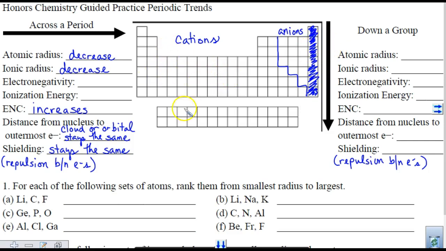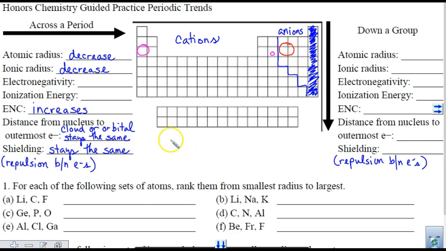So what happens is that the size of your cations starts large, and then by the time you end up over here, it's smaller. But then, right here you hit the elements that form anions, and so the radius is large again, and in fact it's significantly larger than the cation over here, and then these are going to decrease as you go across.